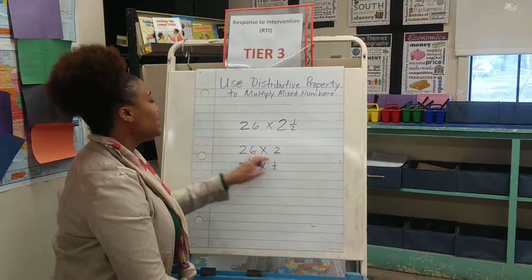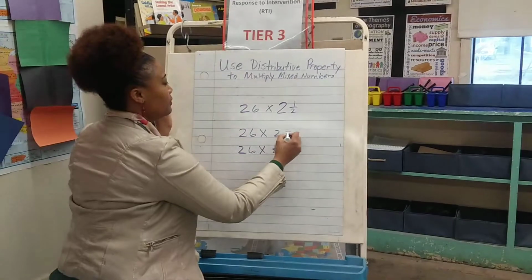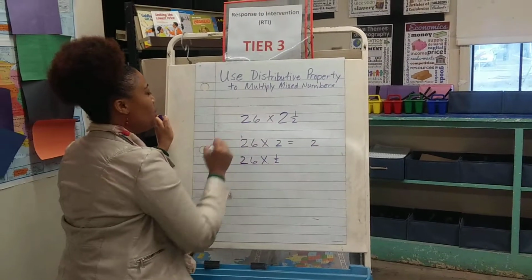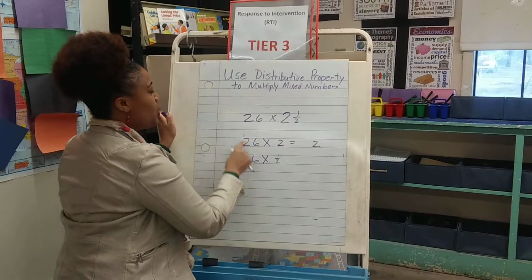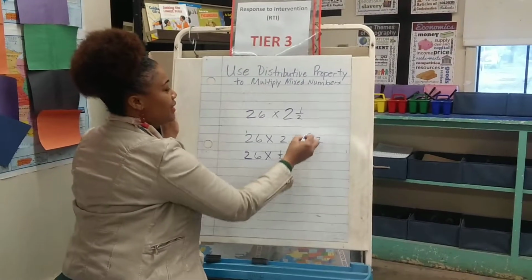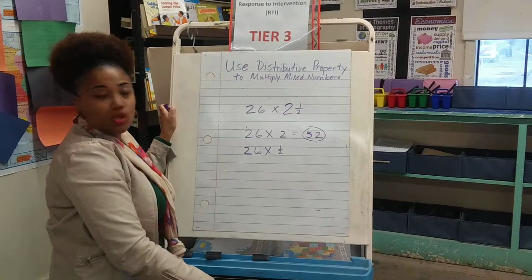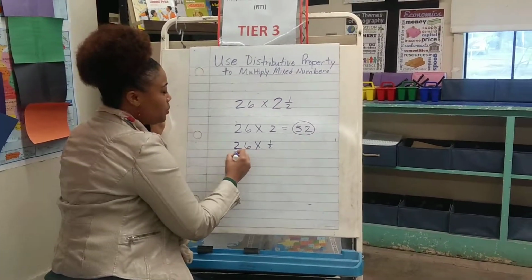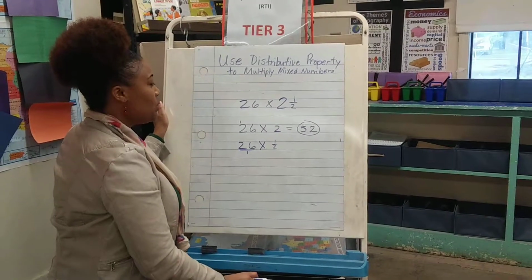All right, 26 times 2. 2 times 6 is 12. Put my 2, regroup my 1. 2 times 2 is 4, plus 1 is 5. All right, so 26 times 2 is 52. All right, we can also multiply 26 times 1/2.